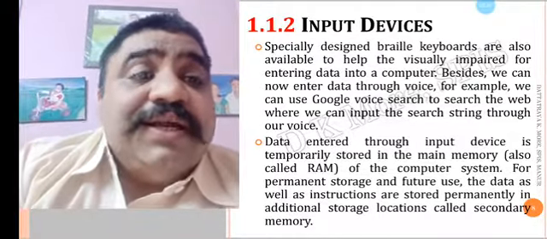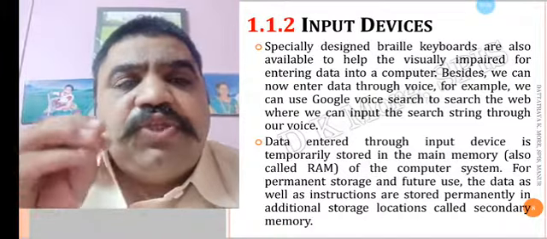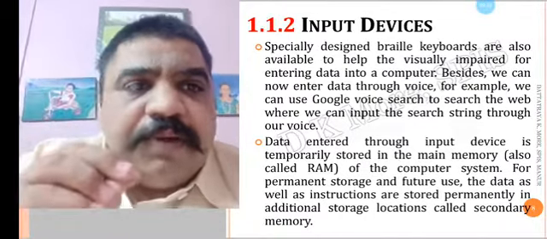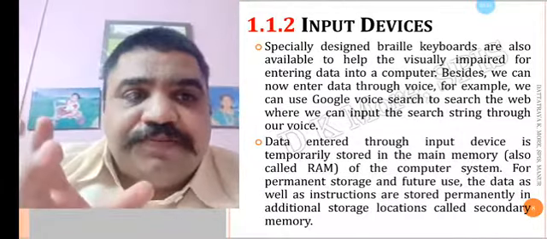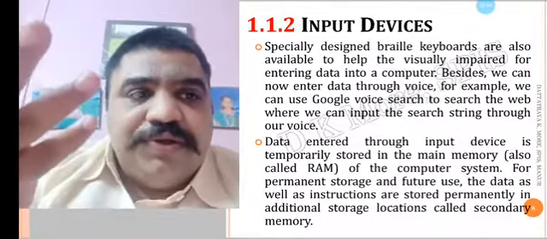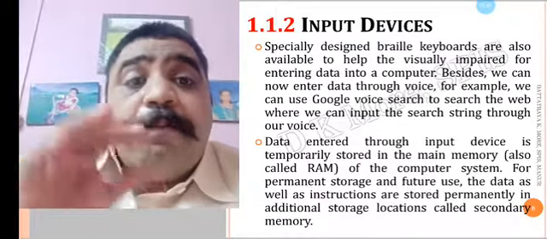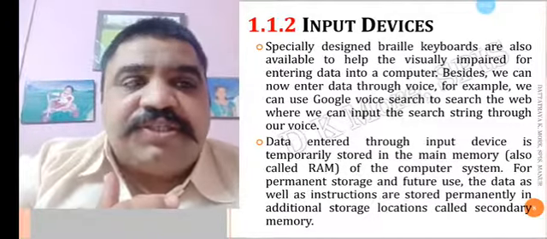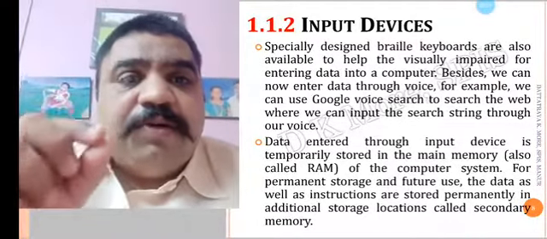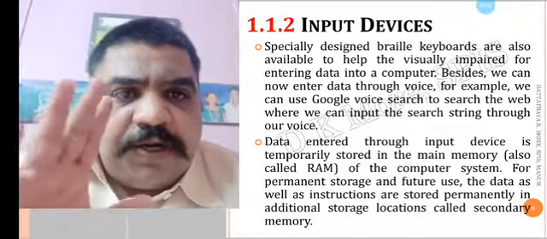This data is temporarily stored in the main memory of the computer system for processing. The data as well as instructions are stored permanently in additional storage locations called secondary memory devices, for future use or permanent storage.